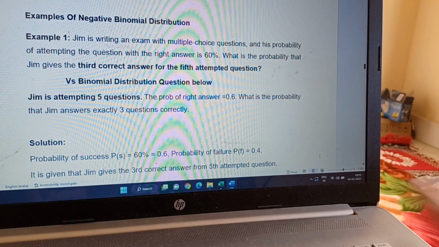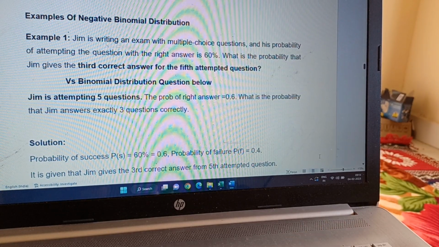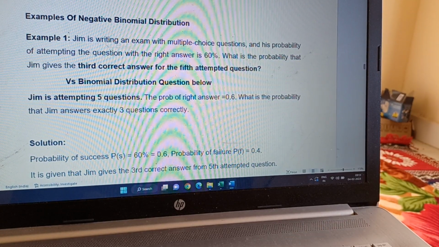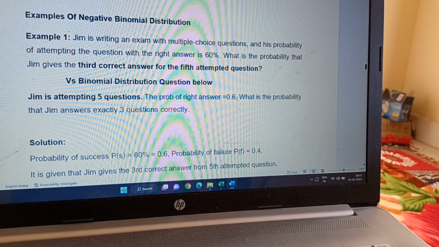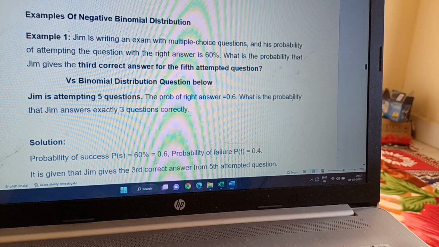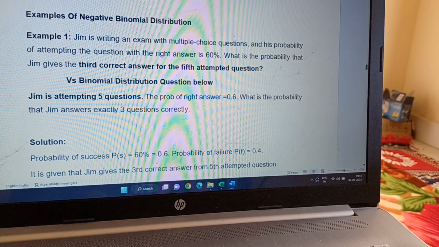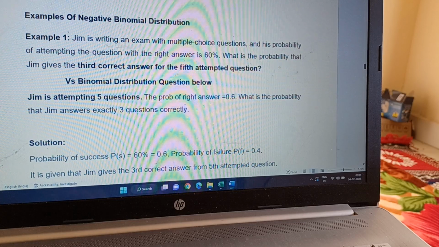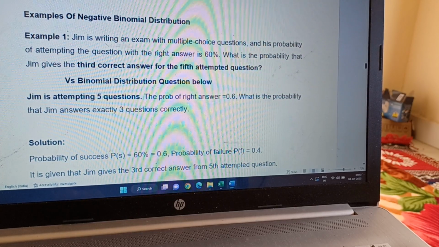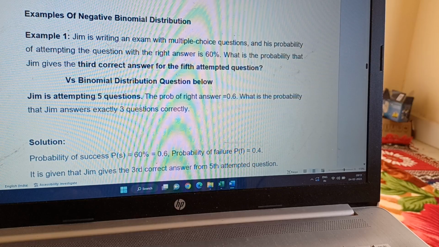So what will be the binomial question? If it is the same thing, the binomial question will be: the probability of a right answer is 0.6, and what is the probability that Jim answers exactly 3 questions correctly? Here the question is, what is the probability that Jim gives the third correct answer?